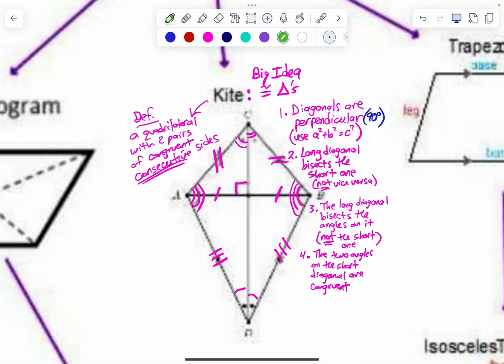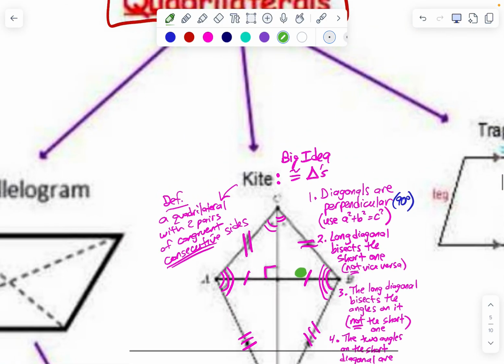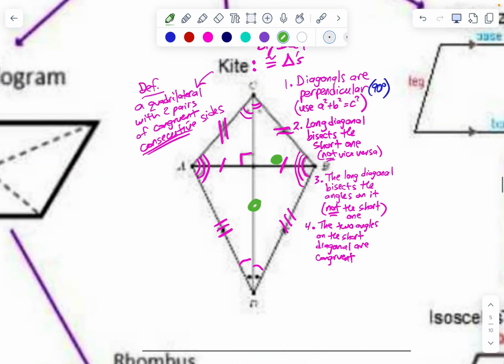Well, we know, I'm just going to temporarily put some dots on here. We know this kind of length, we know this kind of length, and this kind of length. So what could we do that relates any of those together? What properties do we have?